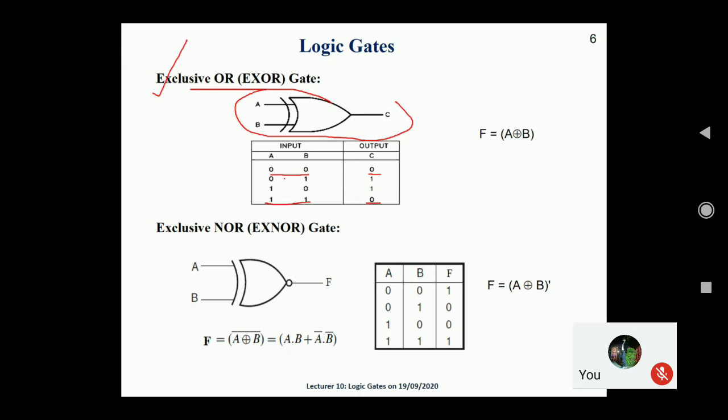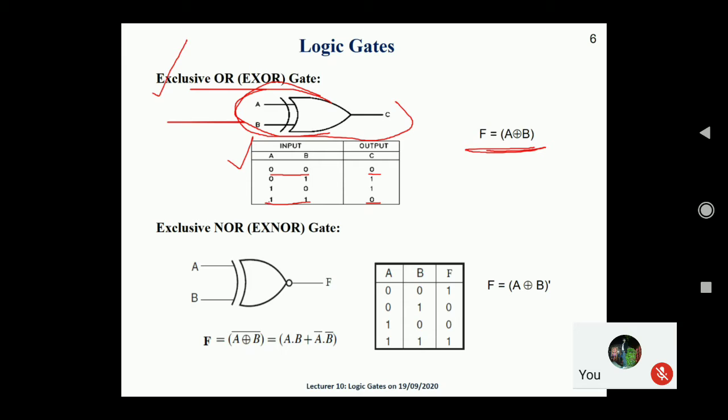So remember, in the XOR gate, the truth table represents the behavior of this particular logic gate. That behavior is represented by the truth table, and this one is called the logical symbol, and this one is called the expression. So what is the behavior of this gate? When both the inputs are 0, the output is 0.